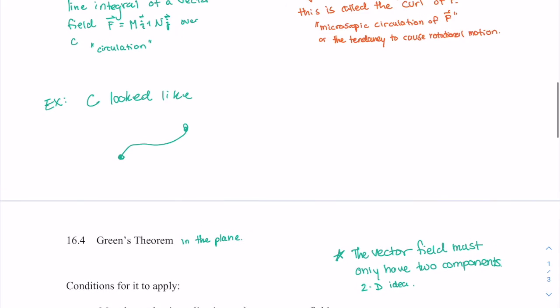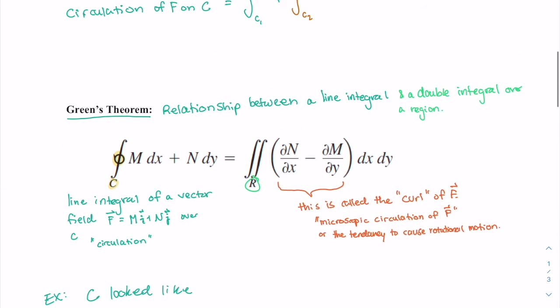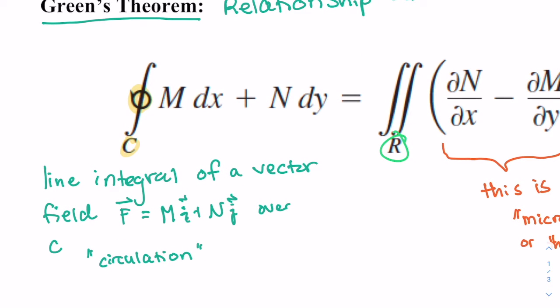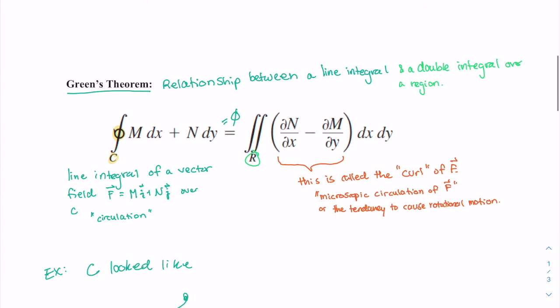So it wouldn't make sense to use Green's theorem if you knew that the vector field was conservative, because if F was conservative and you're integrating over a closed loop, then you would just know, without even applying Green's theorem, that the integral would evaluate to be 0. So in that case, it's a trivial case where you wouldn't need to apply Green's theorem.